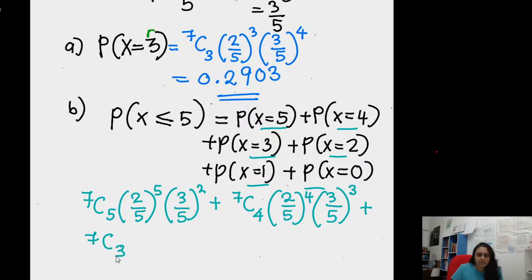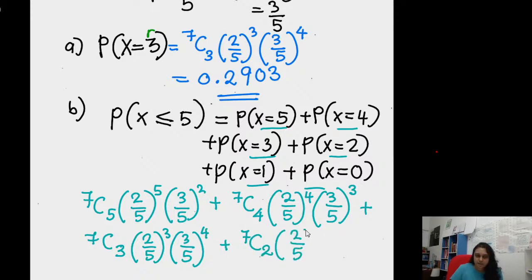7C4 done already. Okay, 3: 7C3, 2 over 5 to the power 3, 3 over 5 to the power 4. Plus 7C2, 2 over 5 to the power 2, 3 over 5 to the power 5.